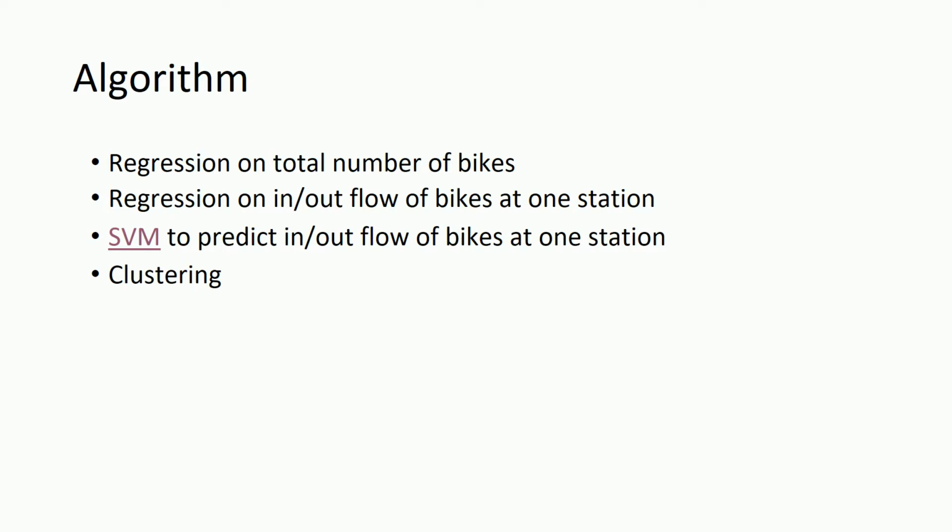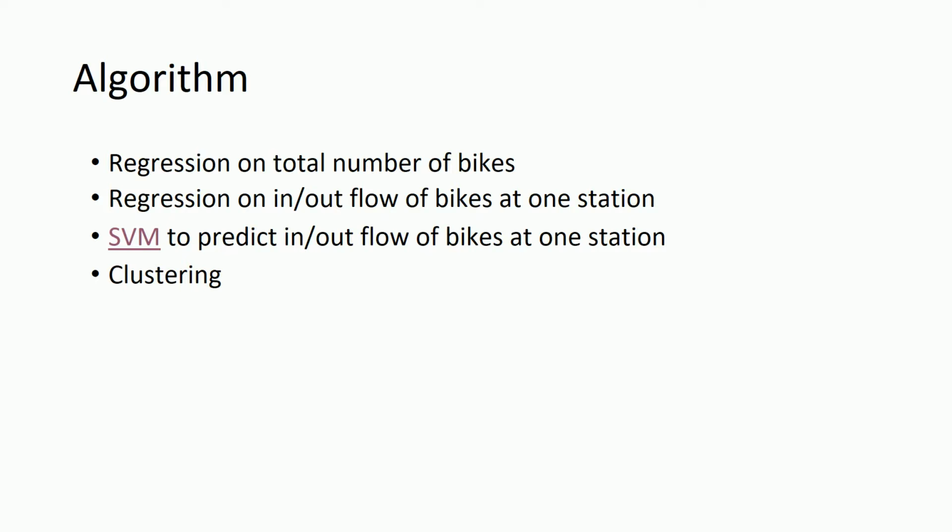Here is our algorithm. We do regression on the total number of bikes, and we do regression on inflow or outflow of bikes at one station. What's more, we do SVM to predict inflow or outflow of bikes at one station.